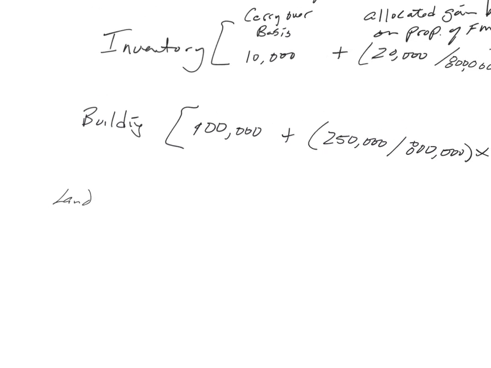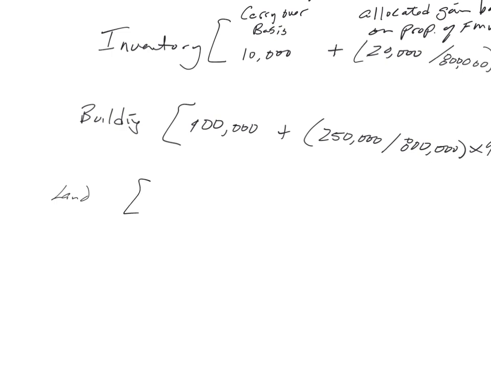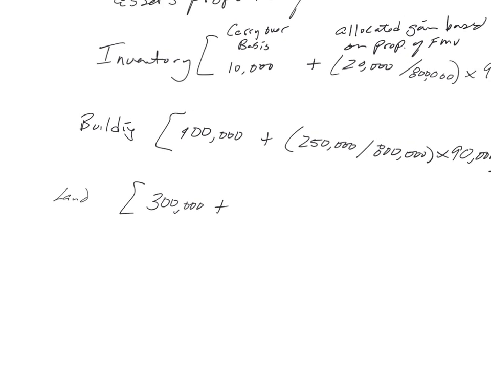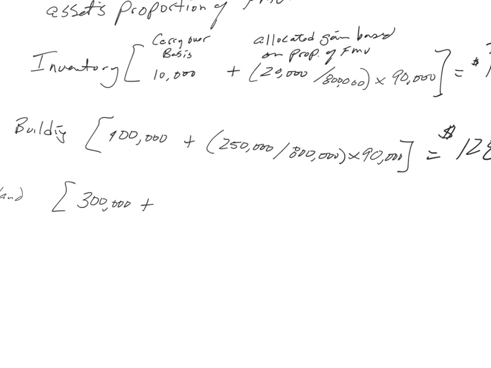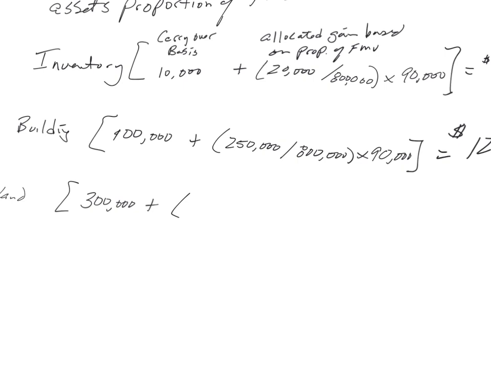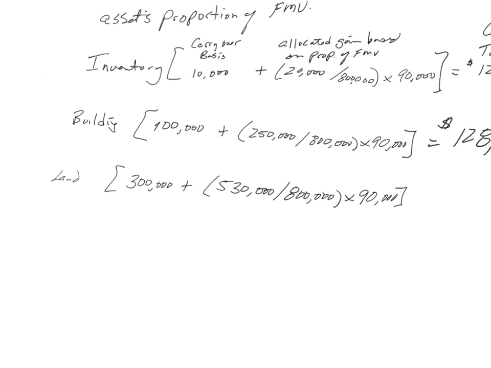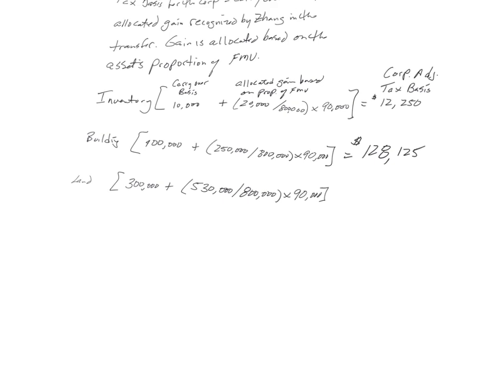All right. And we still have to do the land. But again, we start with carryover basis. So let's look at the carryover basis for the land. That was $300,000. And then we have to allocate the amount of recognized gain based on fair market value. Don't forget to multiply by the gain. All right, squeeze that down so you can see the whole deal.